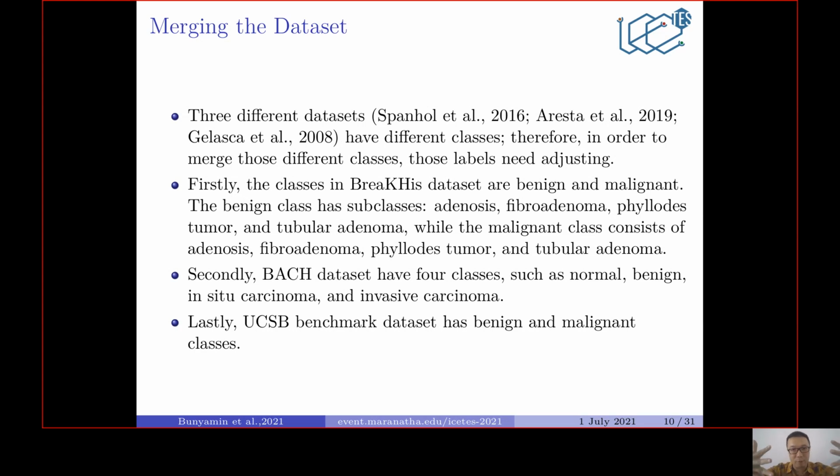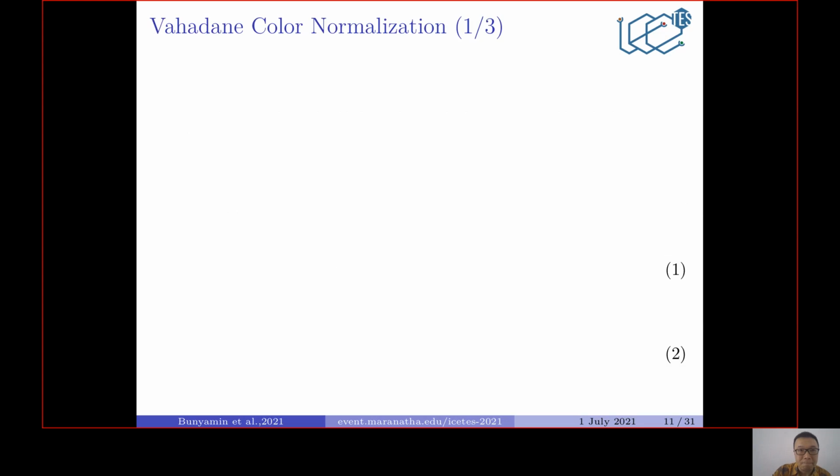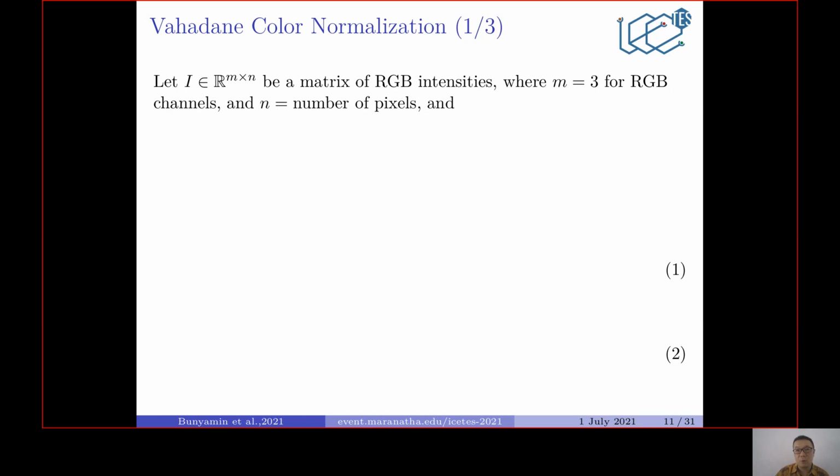So we come up with these 3 categories: the normal, benign, and malignant. And we also use this state-of-the-art technique from fast.ai to do the processing.